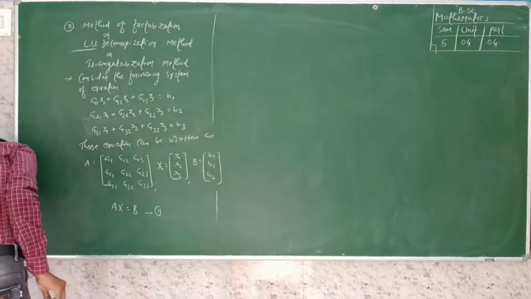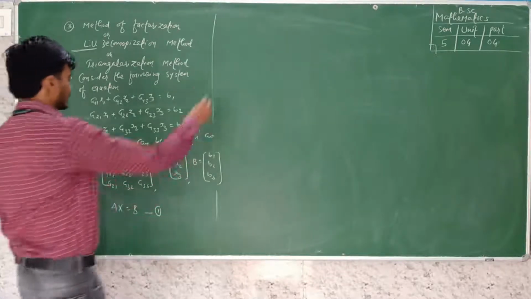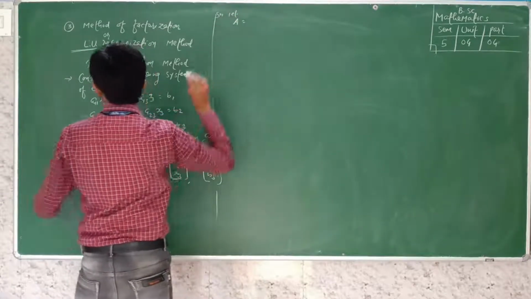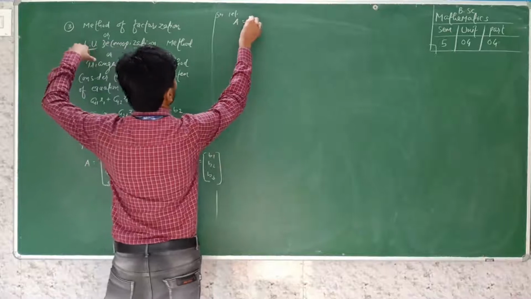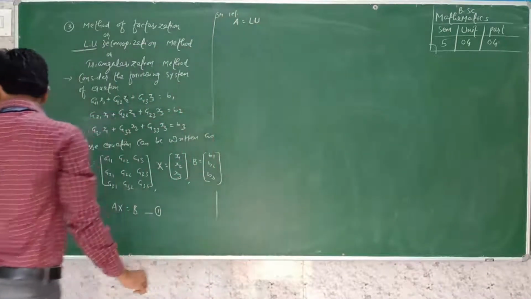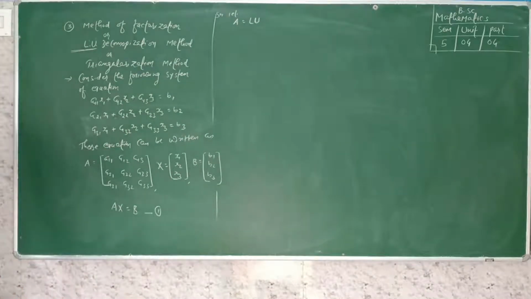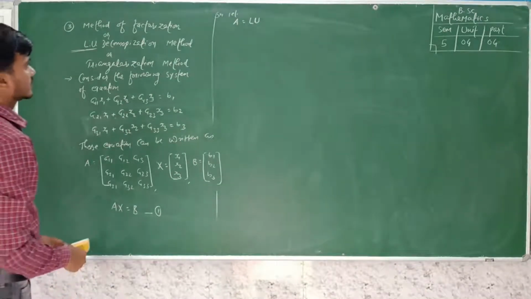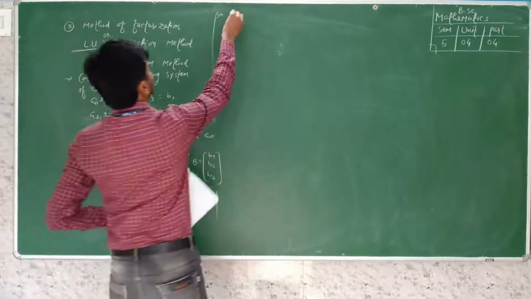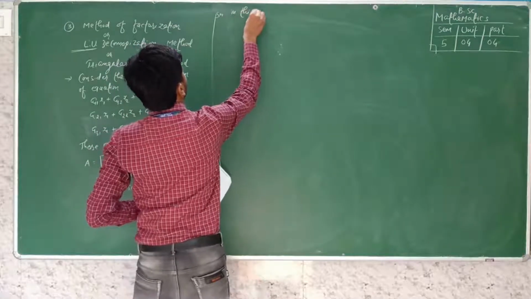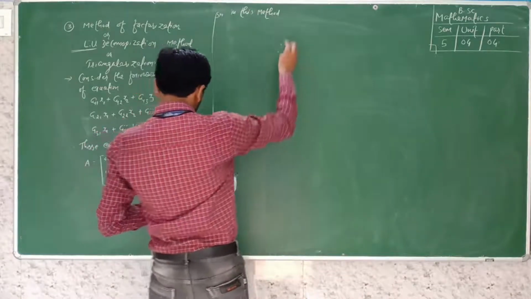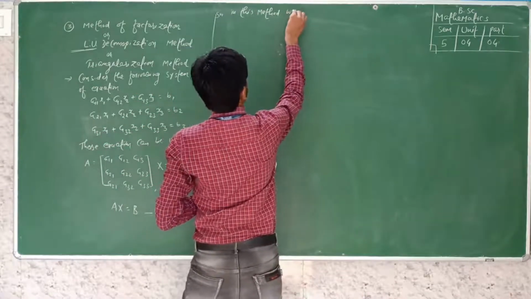So let A is equal to LU. In this LU decomposition method, we use a square matrix.